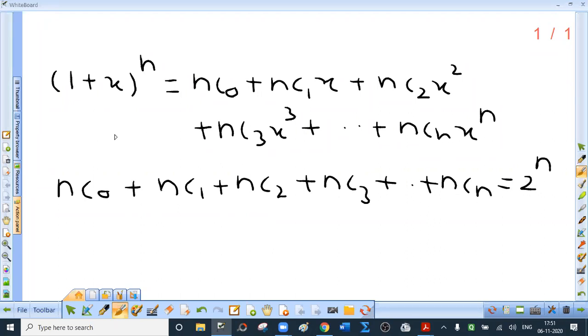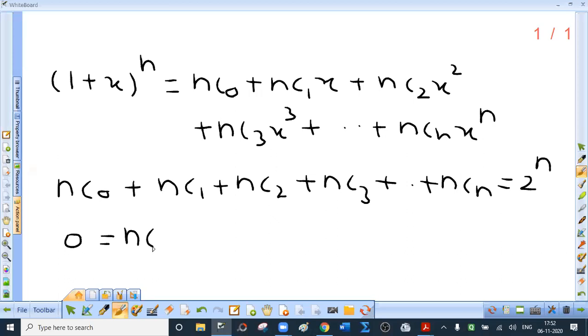Now how to prove the second part? Simple. Put x equal to minus 1 in the same result. This is binomial theorem. Put x equal to minus 1. Consider LHS first. What is 1 minus 1? 0. So 0 raised to n, that is 0, equal to nC0 plus nC1 into minus 1.